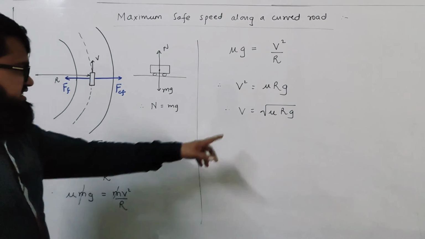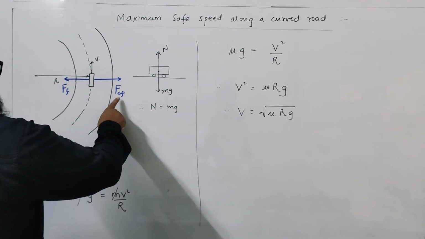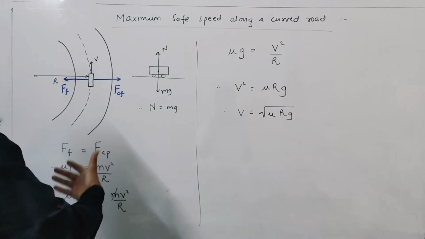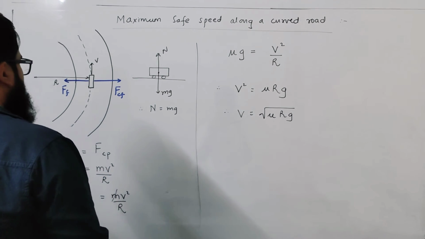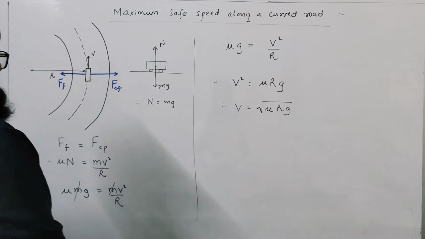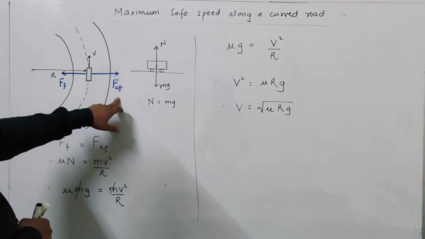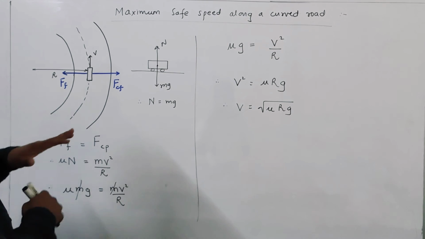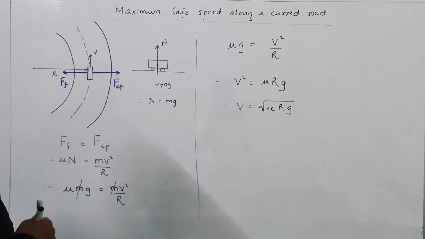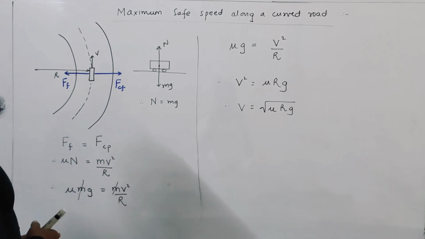If velocity increases, this will also increase, and it may create an equal and opposite force which may overturn the vehicle, because if the force increases with velocity, the frictional force is not going to increase with velocity, and if the centrifugal force is more than the frictional force, the vehicle may overturn.